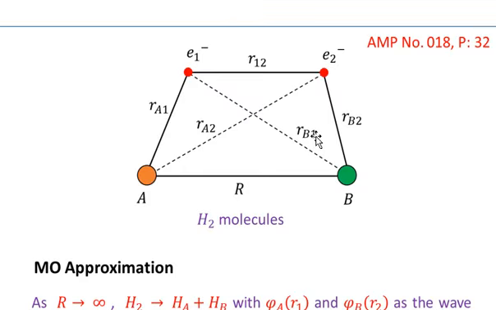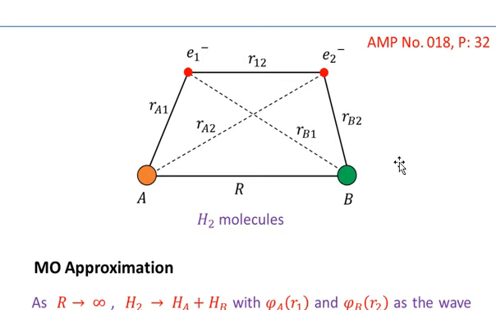Here 1 stands for electron 1 and B stands for nucleus B. Similarly, electron E2 is connected with nucleus A by the distance RA2, where 2 stands for electron number 2 and A stands for the nucleus. So RA2 is the distance of electron 2 from nucleus A, and similarly electron 2 is at a distance RB2 from nucleus B.